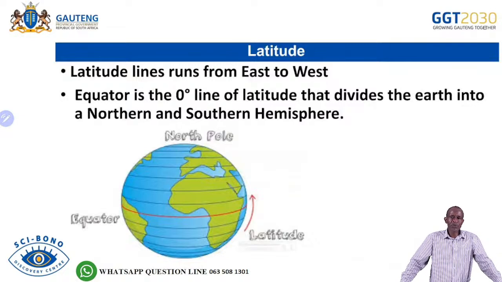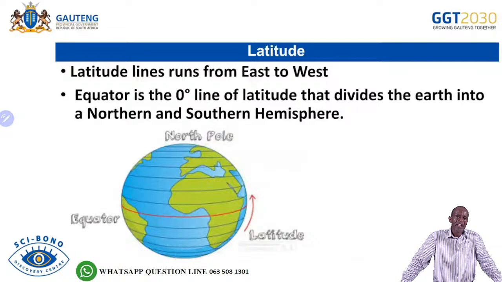Now, contrary to the 0 degrees longitude, there is the 0 degrees latitude. The 0 degrees latitude is the equator and divides the earth into north and south.